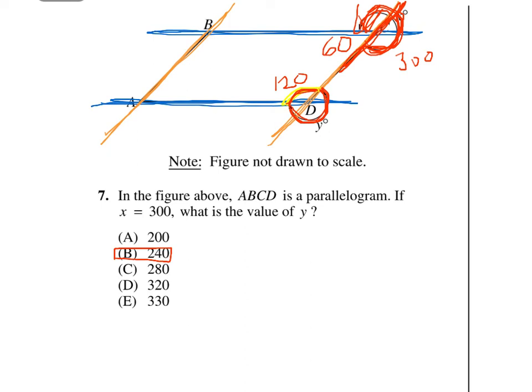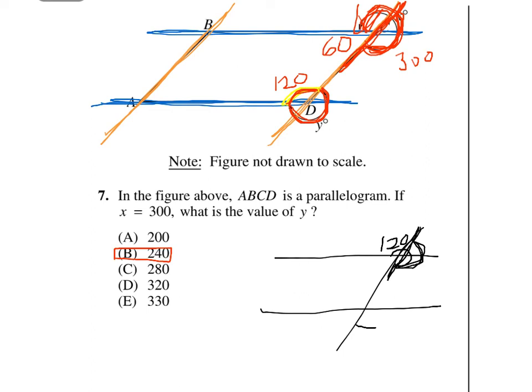Let's see if we could chase these angles in a different way. So I'm just going to redraw the picture. We could take the observation that this is 300 and deduce, because this is 180, that makes this 120. And that would make this angle 120.